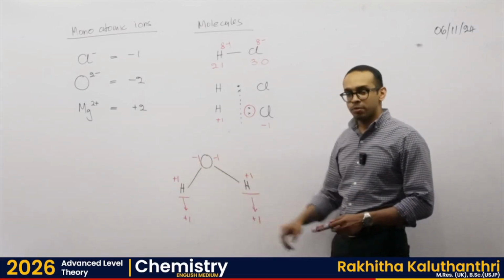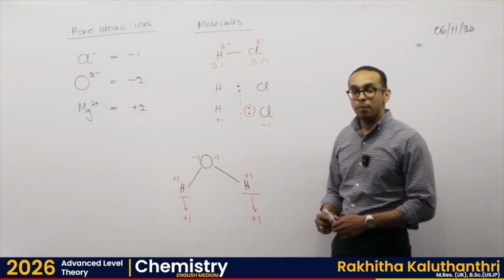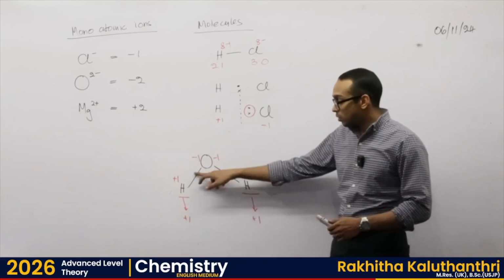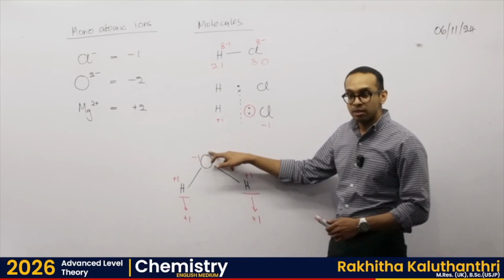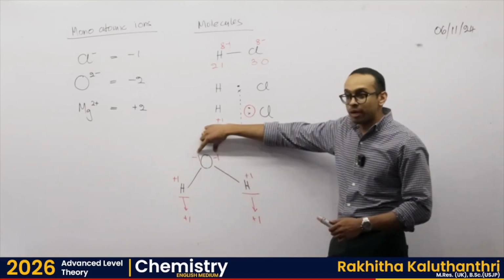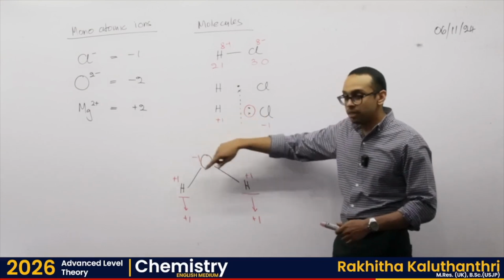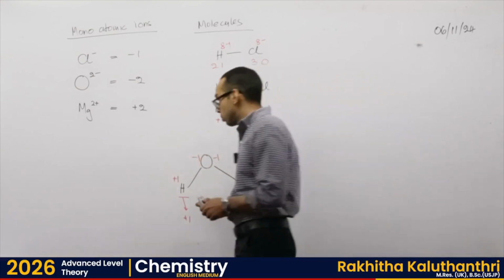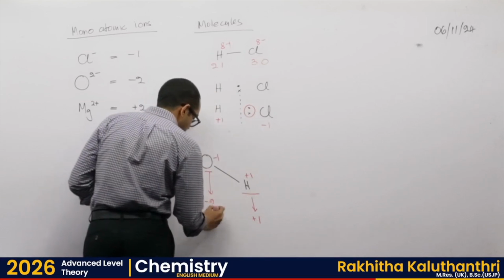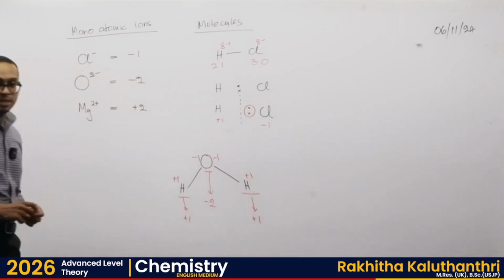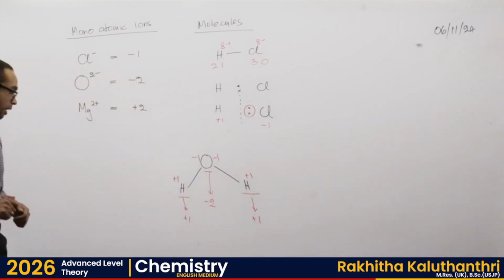What is the oxidation number of oxygen? -2, because from this side it is gaining an electron, from this side it is gaining an electron. So it is gaining 2 electrons from 2 bonds. So the overall charge over here will be -2. So oxygen would be -2 in charge. Is that clear now?